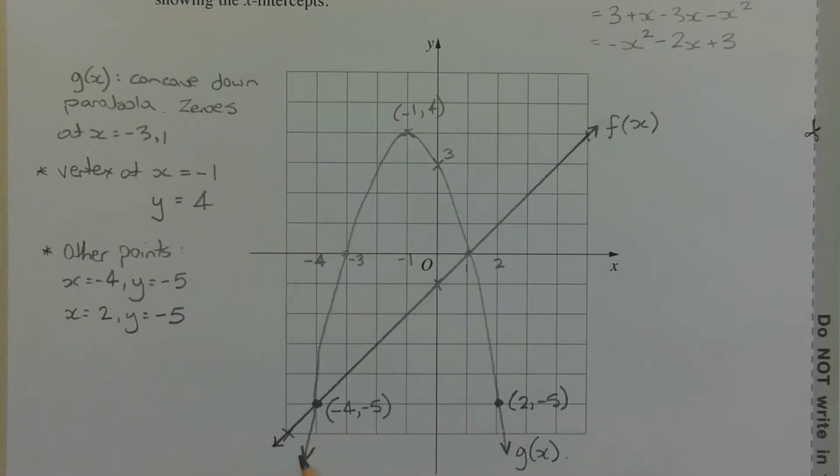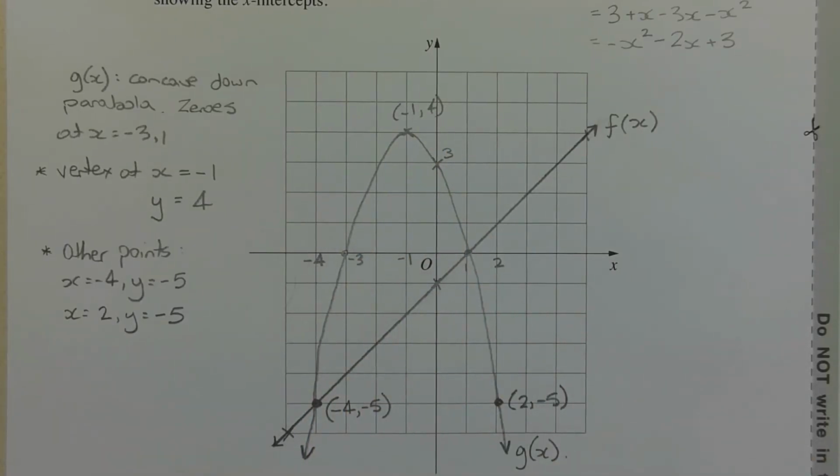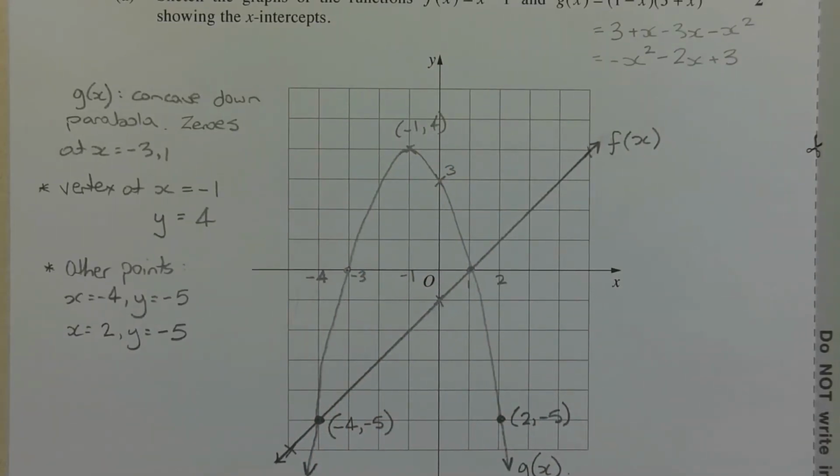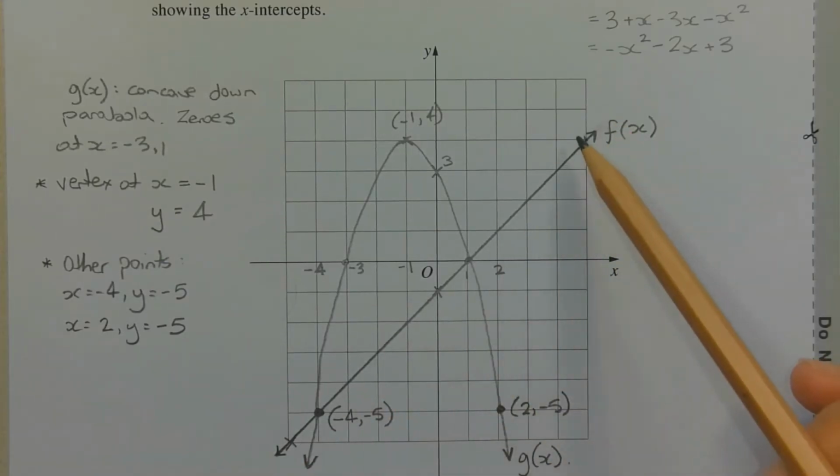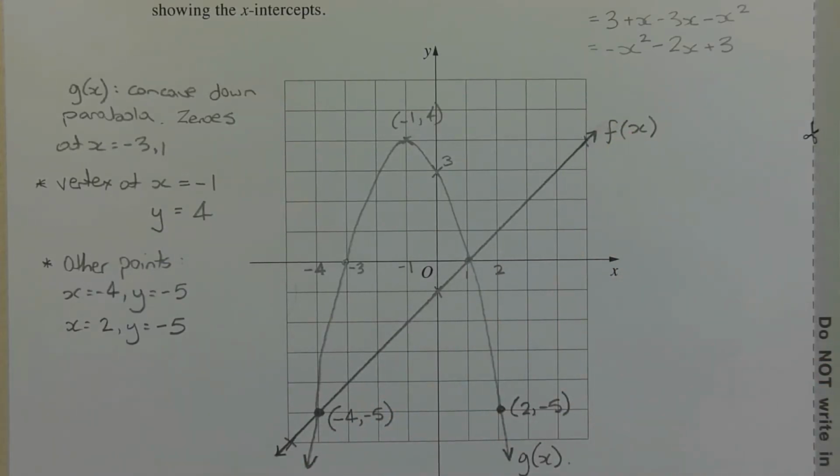And here is the sketch of the parabola, g of x equals 1 minus x in brackets times 3 plus x in brackets. I've also sketched f of x here. So that's a line with gradient 1 and y-intercept negative 1.